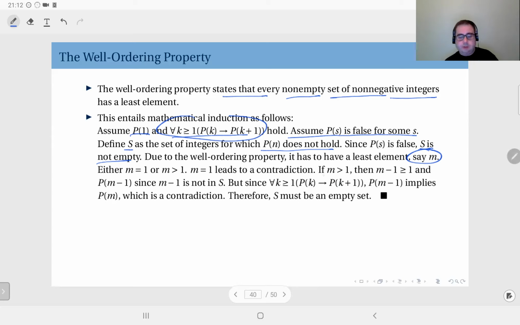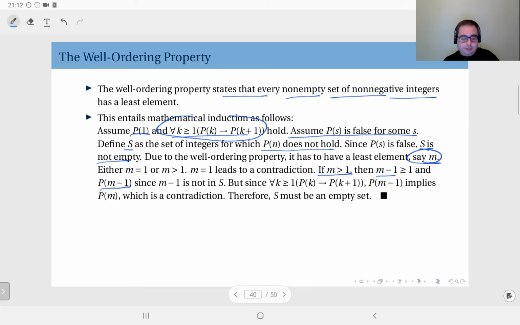If M is greater than 1, then M minus 1 is greater than or equal to 1, and P of M minus 1 must be true, right? Because M minus 1 is not in the set S. Why is that? Because M itself is the least element in set S. So M minus 1 cannot be in the set S because it's less than M. Okay, that means P of M minus 1 must be true.